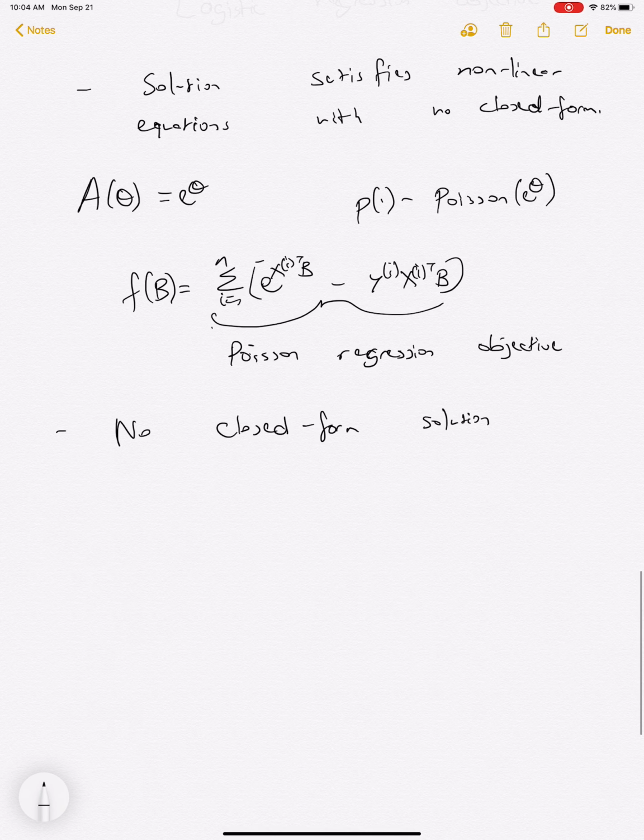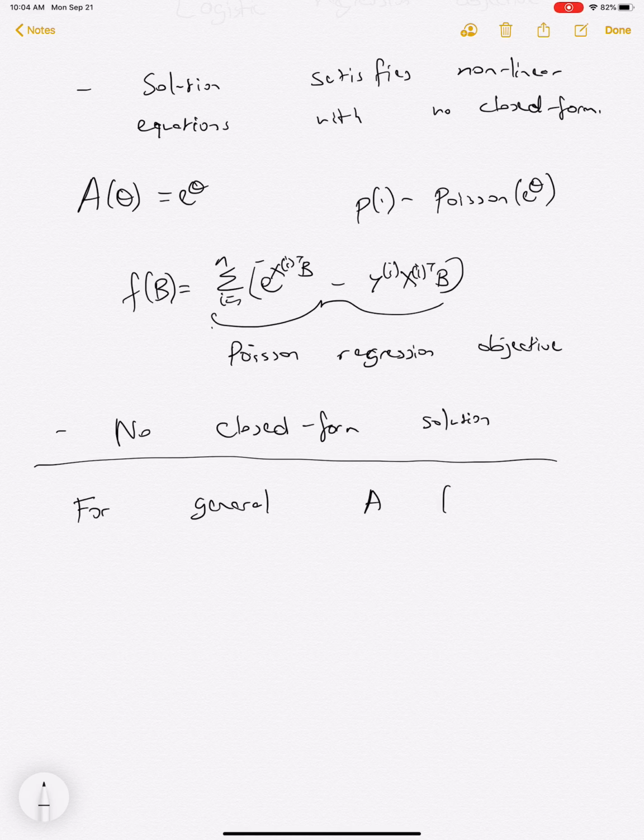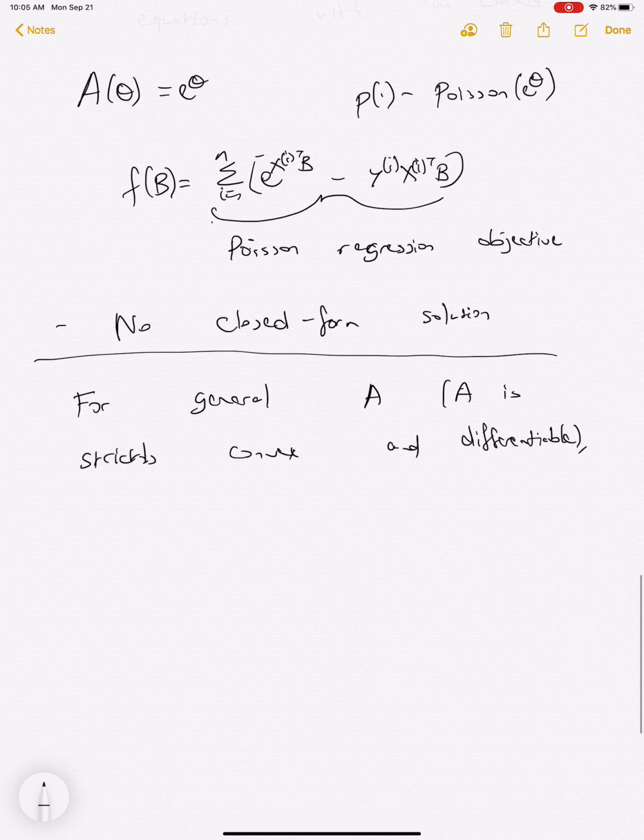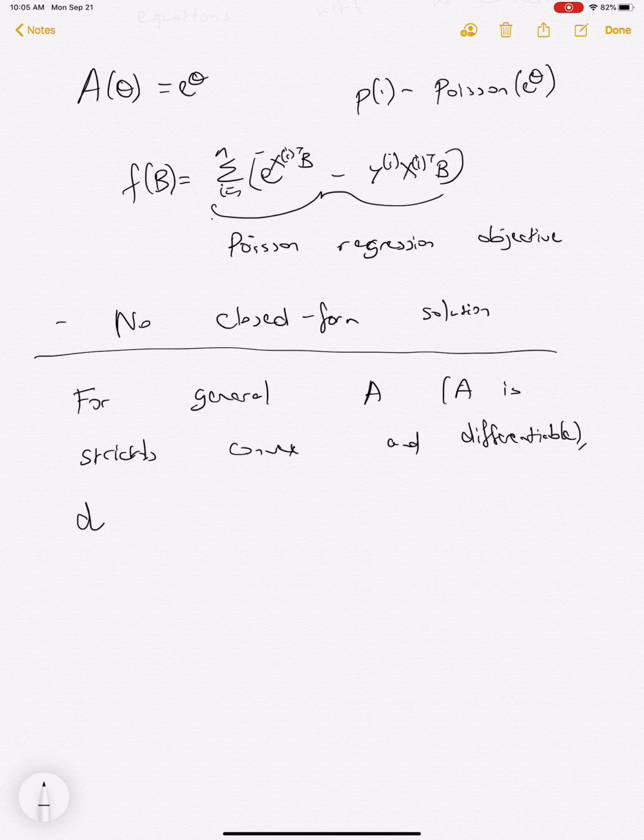So our goal is that for general A, we know that A is strictly convex and differentiable, to find the minimizer.